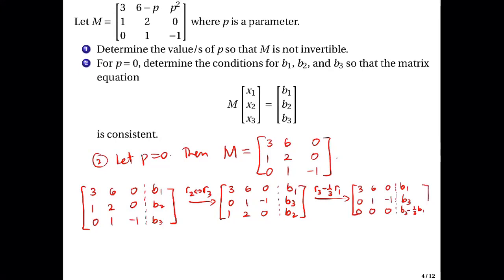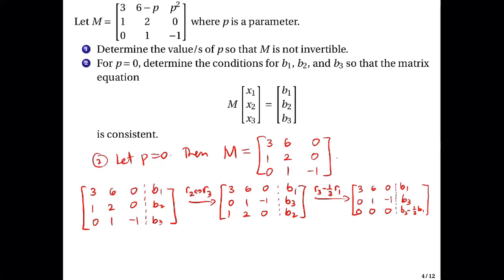And then if we continue with this, we can make this 0. And we will have an almost reduced row echelon form. But the third row here, we have the left-hand side to be 0. Right-hand side is b2 minus 1/3 b1. Okay?